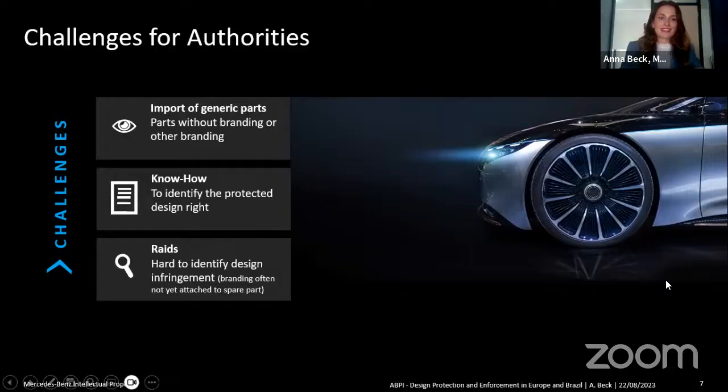And after successfully importing it to a country, they are removing those brandings and the logos and repack it into other branded packaging. And so you see, it's not easy for the authorities to really identify those design infringements, because when it comes into customs, there was no trademark or logo or branding attached to the part.